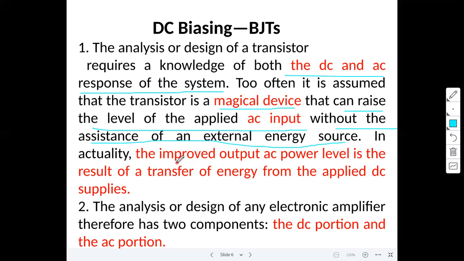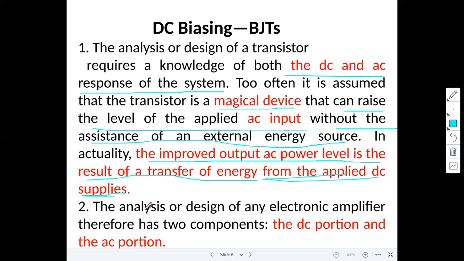Then where is the energy utilized? The improved output AC power level is the result of a transfer of energy from the applied DC supplies. How the transistor raises the input signal at the output side means it receives the energy from the DC supplies.